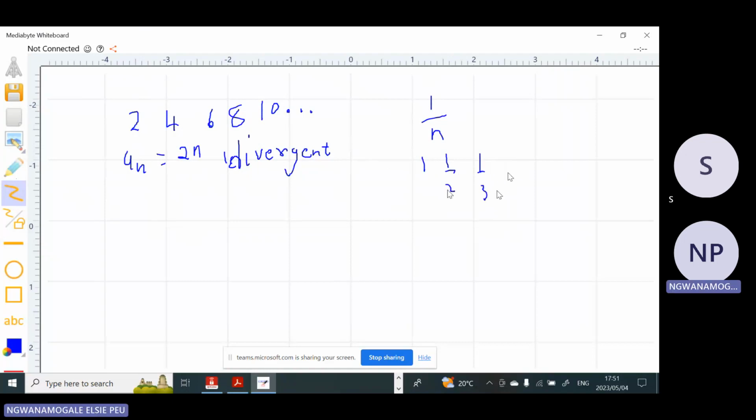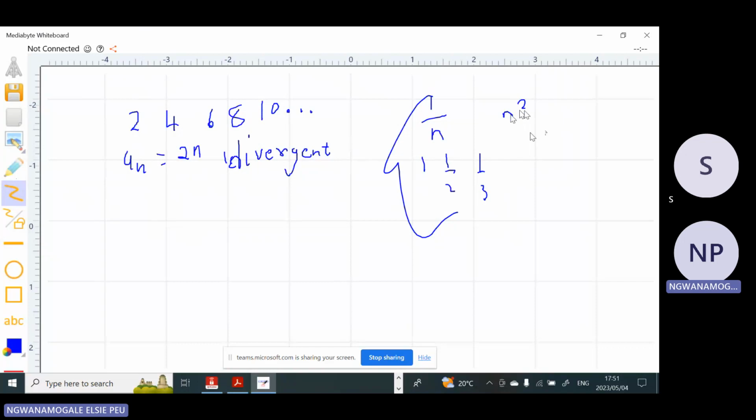So this sequence is convergent, it won't be divergent. Let's check another one. Maybe it can be n squared. This n squared is going to be divergent.